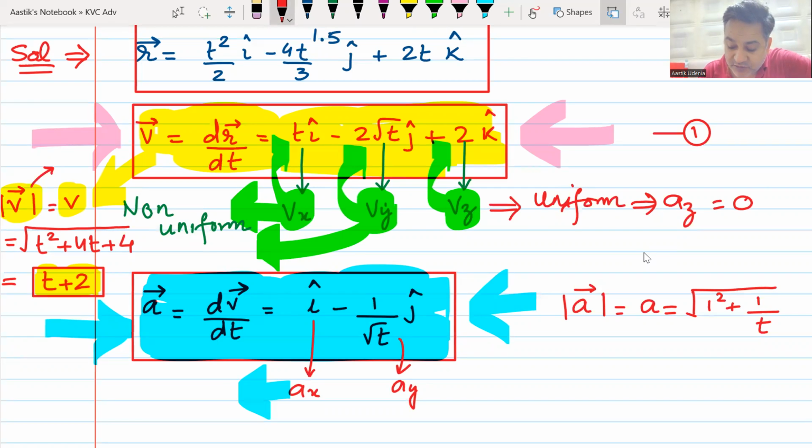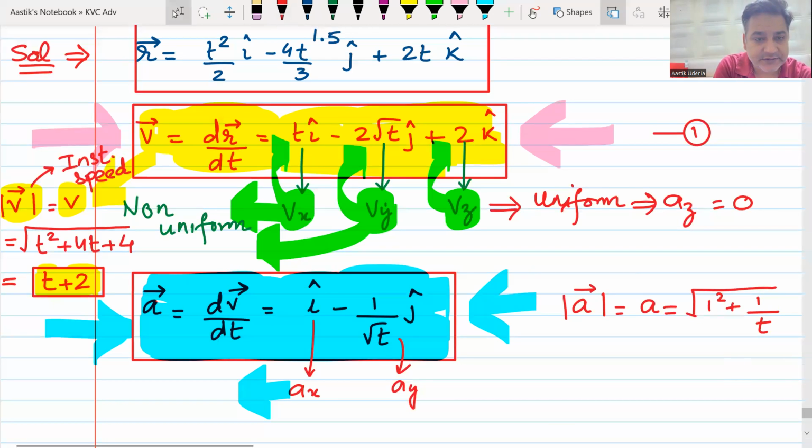This thing that we have found out is instantaneous what? This is instantaneous speed. Do we understand this? Yes, sir. Magnitude of instantaneous velocity is instantaneous speed. All of us understand this, yes or no? I only have two raised hands. Do we all understand this? Magnitude of instantaneous velocity is instantaneous speed.